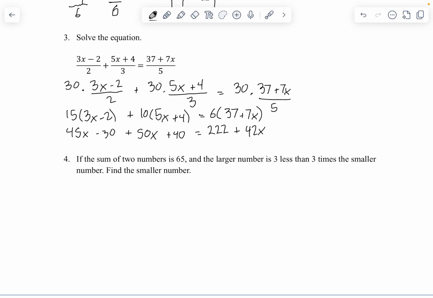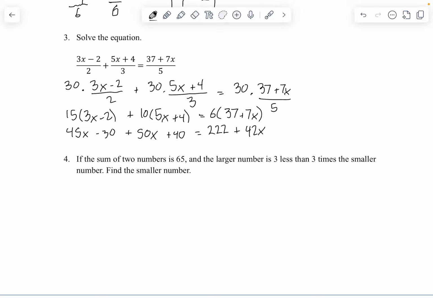On the left, I will combine like terms. Let me just double check. So minus 30, 50x plus 40.